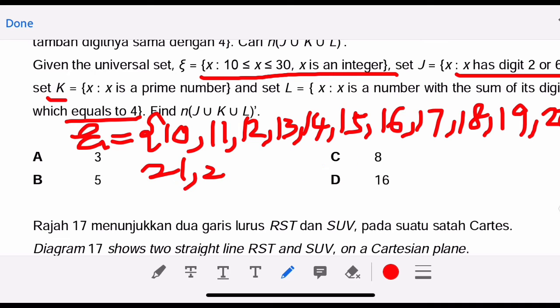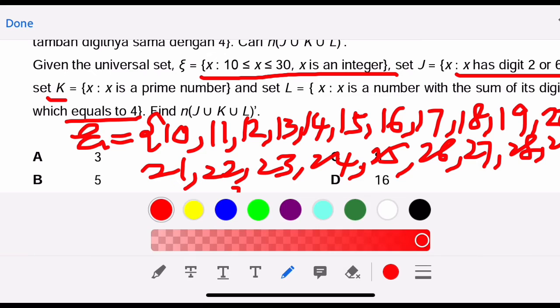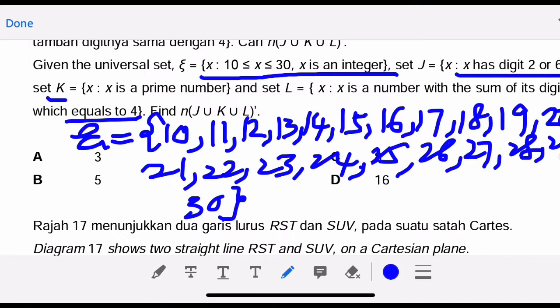Okay, 24, 25, 26, 27, 28, 29, and then 30, right? So we want the x. X has a digit 2 or 6. So let's see our x. Our x must have the digit 2 or 6.